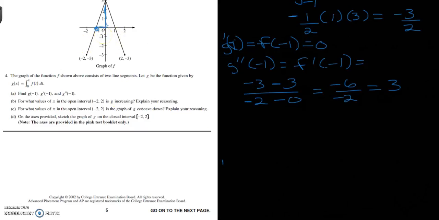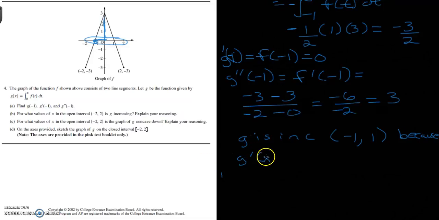This function is above the x-axis everywhere from here to here. So you would say g is increasing from -1 to 1 because g prime of x is equal to f of x, which is above the x-axis, or you could say greater than 0. That's what they like to see.